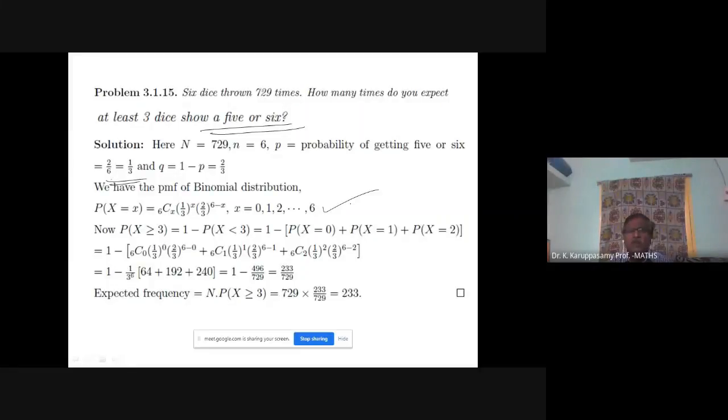Using the complement formula, only a few terms. So 1 minus probability of x less than 3. X less than 3 means 0 case, 1 case, 2 case. How to find the probability of x equal to 0?